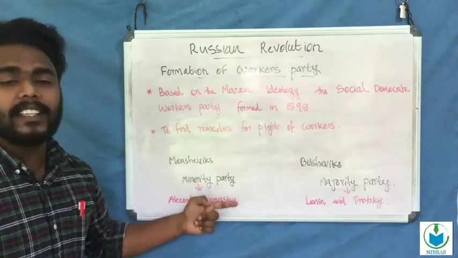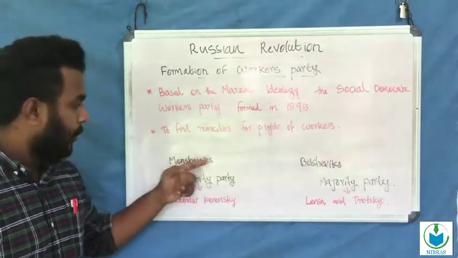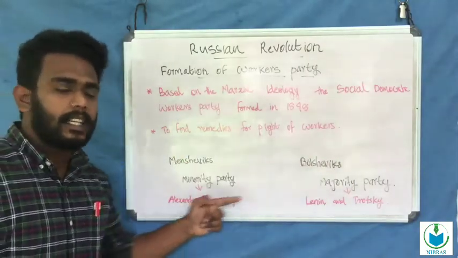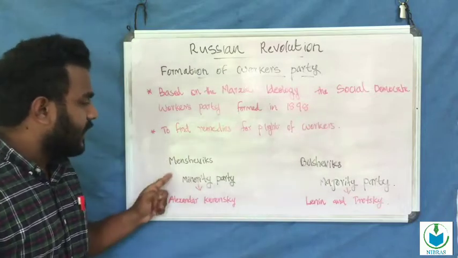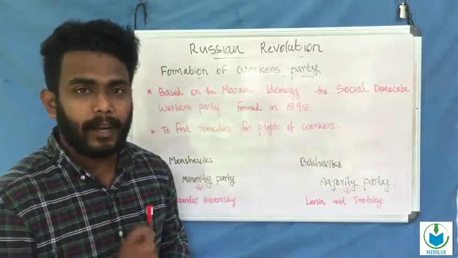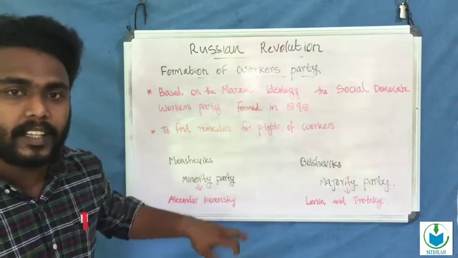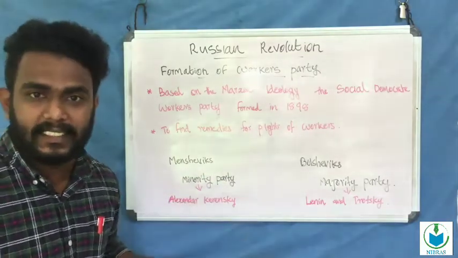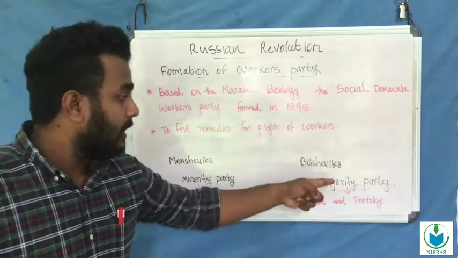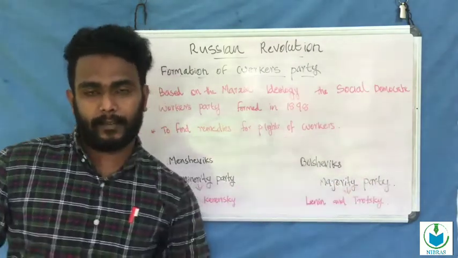Later this party was divided into the Mensheviks and the Bolsheviks. The Mensheviks were a minority party, led by Alexander Kerensky, and the Bolsheviks were a majority party, led by Lenin and Trotsky.